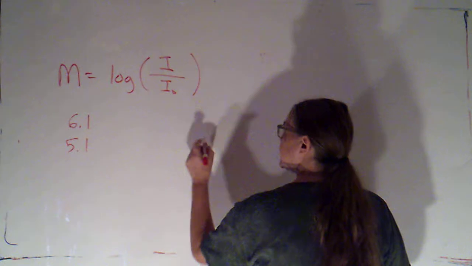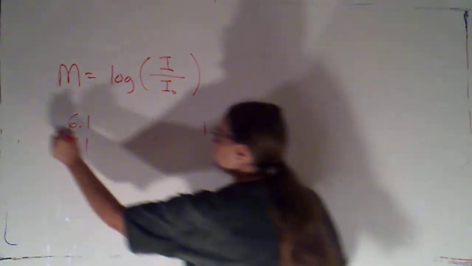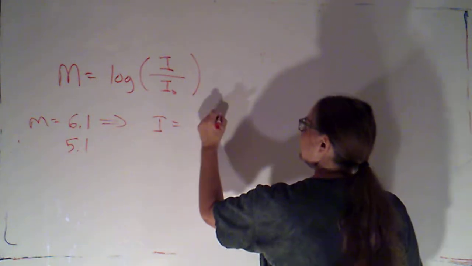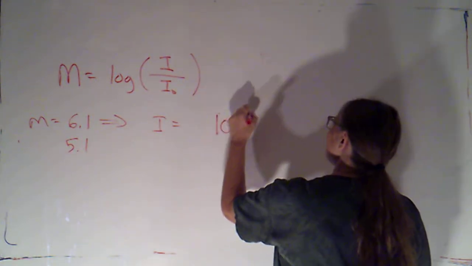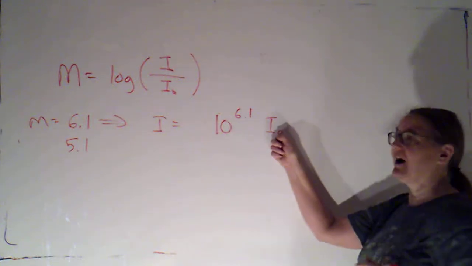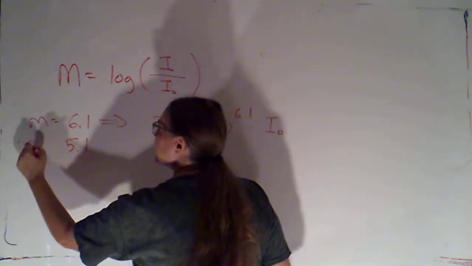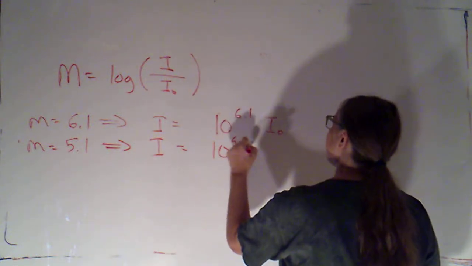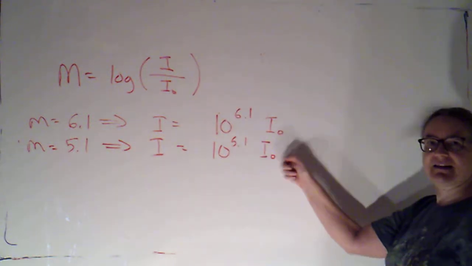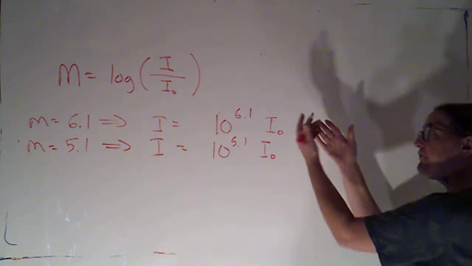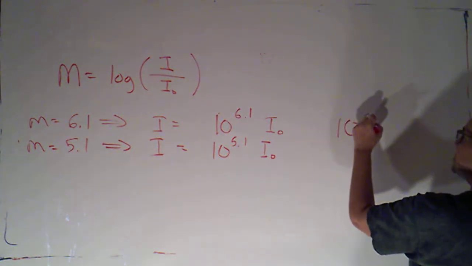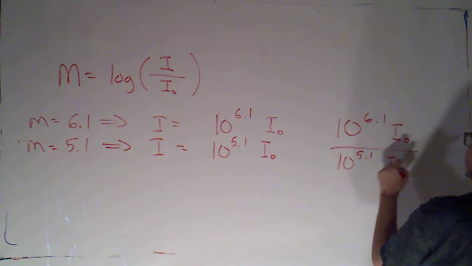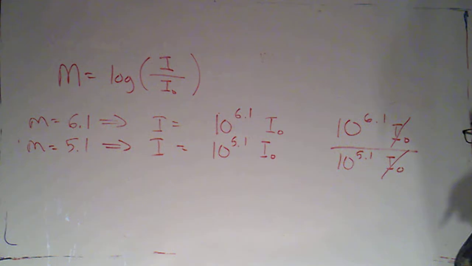If M is 6.1, that means the intensity is 10 to the 6.1 copies of a zero-level earthquake. And if the magnitude is 5.1, we just saw that means the intensity is 10 to the 5.1 times the intensity of a zero-level earthquake. So if I compare those by looking at that ratio, 10 to the 6.1 I naught over 10 to the 5.1 I naught, the I naughts cancel.